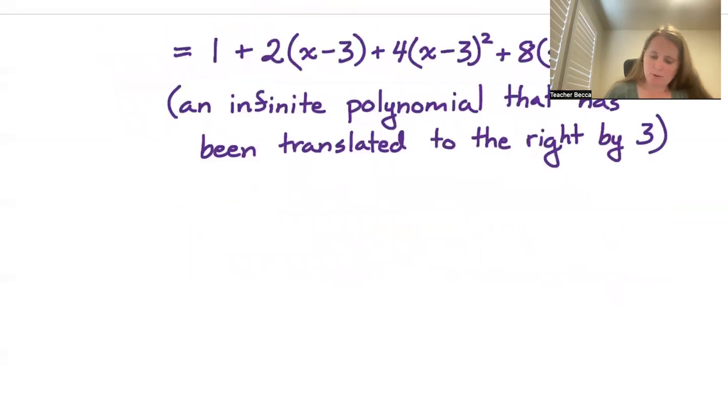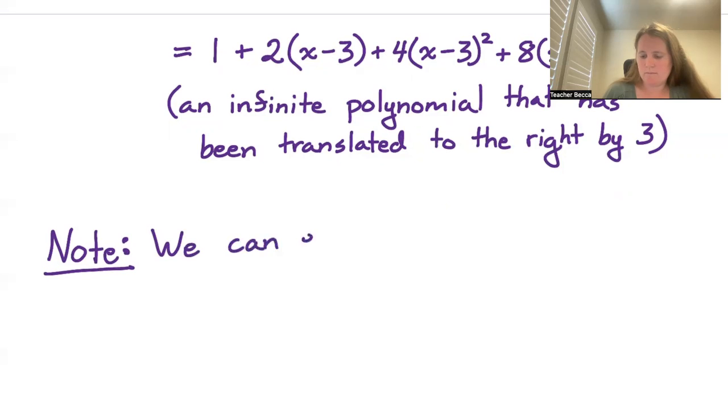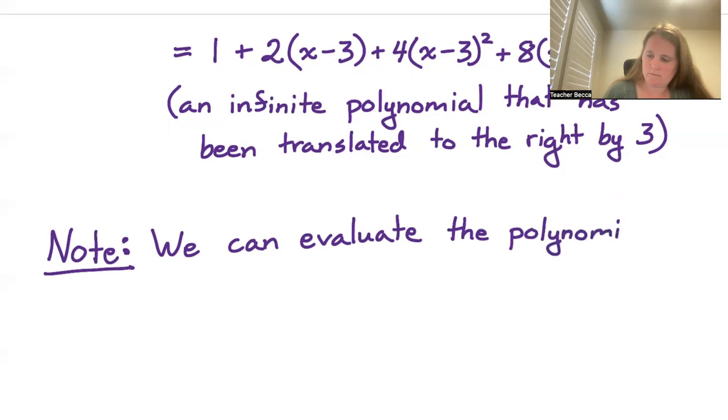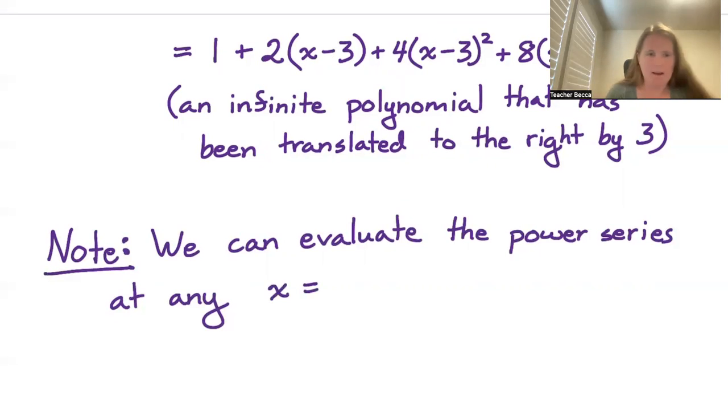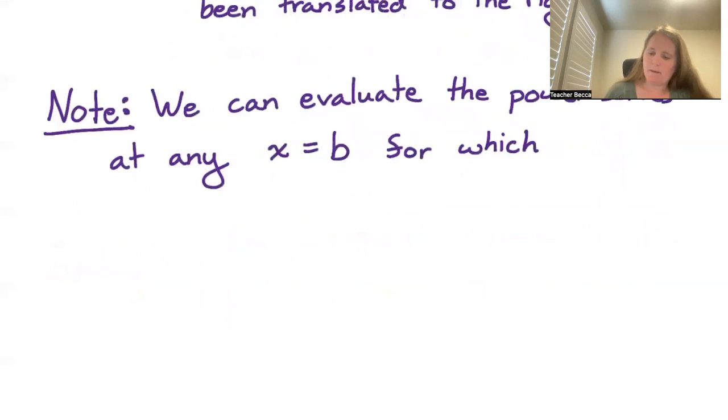And so again, note we can evaluate the power series, I shouldn't say polynomial, at any x equaling, let's go with b, for which the sum from n equals 0 to infinity of a sub n times b to the n converges.